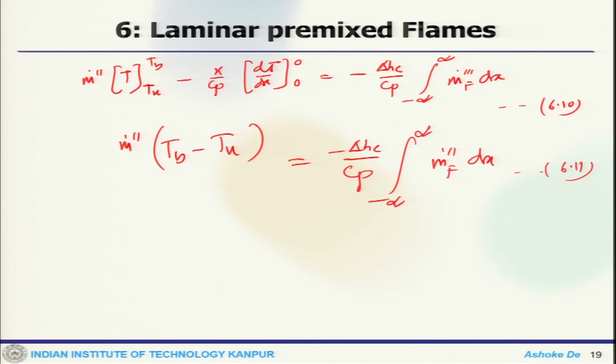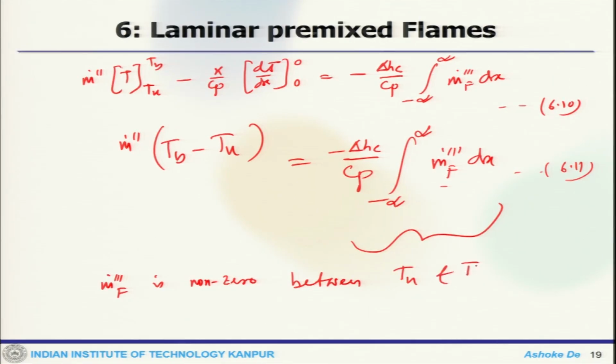Now, the limits of the reaction rate integral can be switched from the space coordinate to temperature. The reason is that m triple dot, this reaction rate, is non-zero between Tu and Tb, over delta.